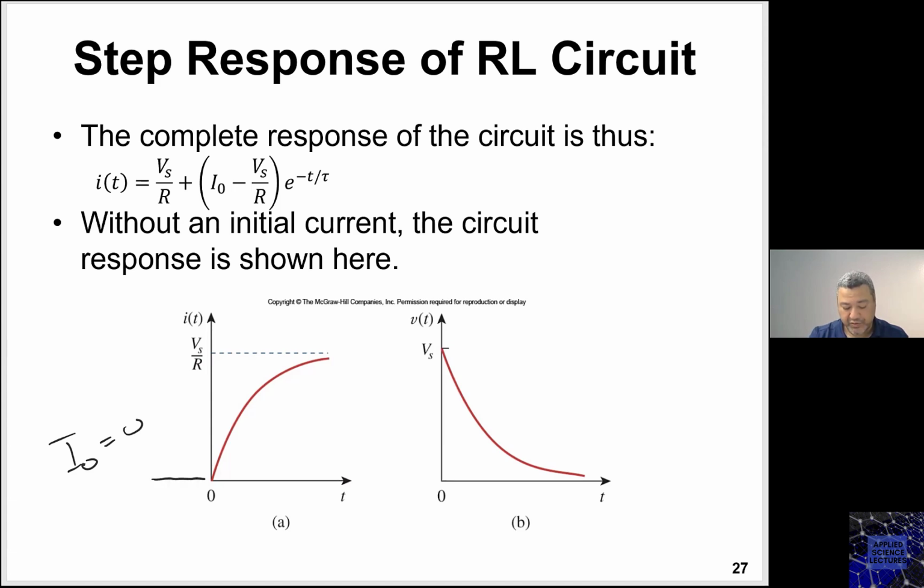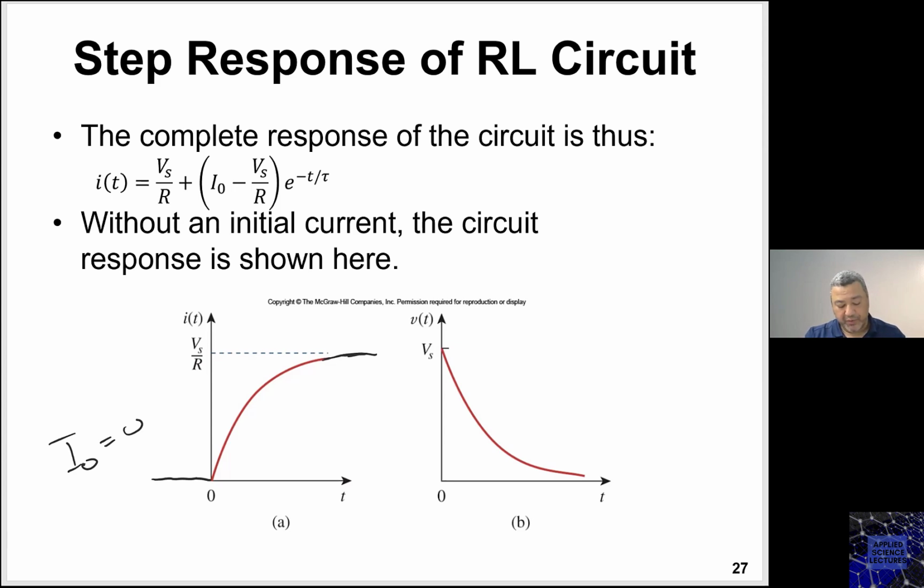Going from zero and then increasing till it reaches the steady state current from the second circuit. And of course, the voltage here is going to decrease exponentially if this current is increasing exponentially in the inductor.